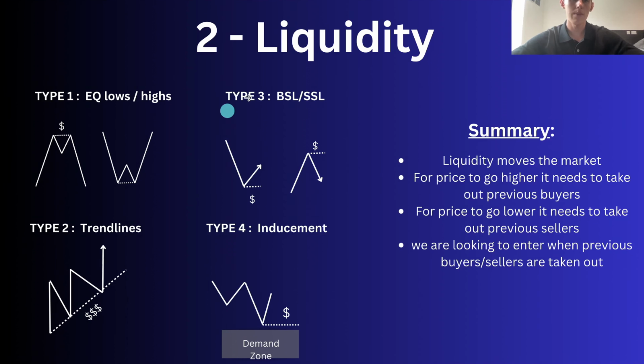This one, type 3, is probably quite unfamiliar to some of you, maybe not. Essentially, BSL and SSL, buy side liquidity and sell side liquidity, is very simply when we have a pullback like this, which created a low. This retracement here was caused by people in the market buying, particularly if you look on, say, the 1 minute time frame.